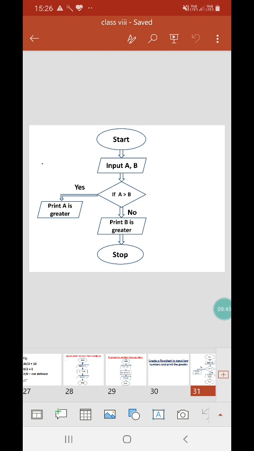Okay, it will print A is greater. And if the condition is not true, then the flow of data goes downwards and it will print B is greater. Okay, it will print B is greater and then it stops. Means if A is greater, it will print A is greater and it will stop, and if A is not greater, means the condition is false, then it will print B is greater and then it will stop.